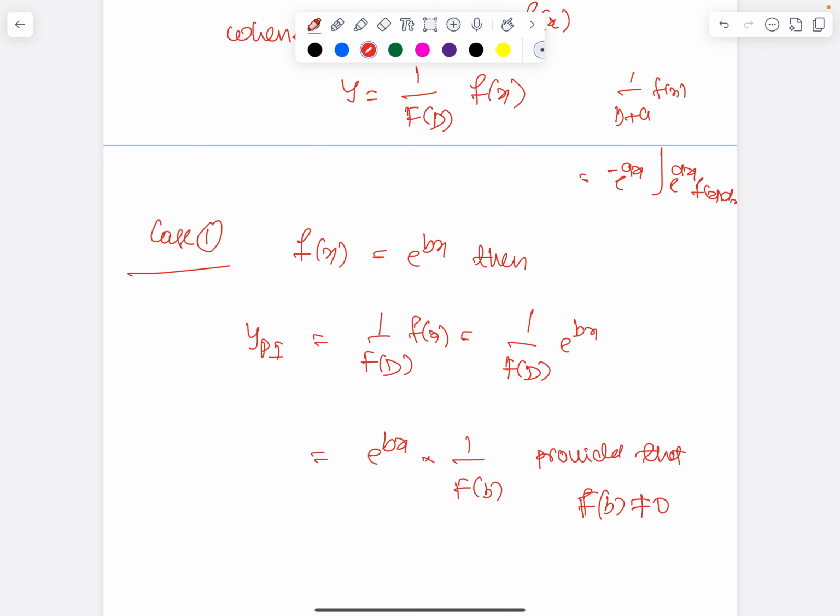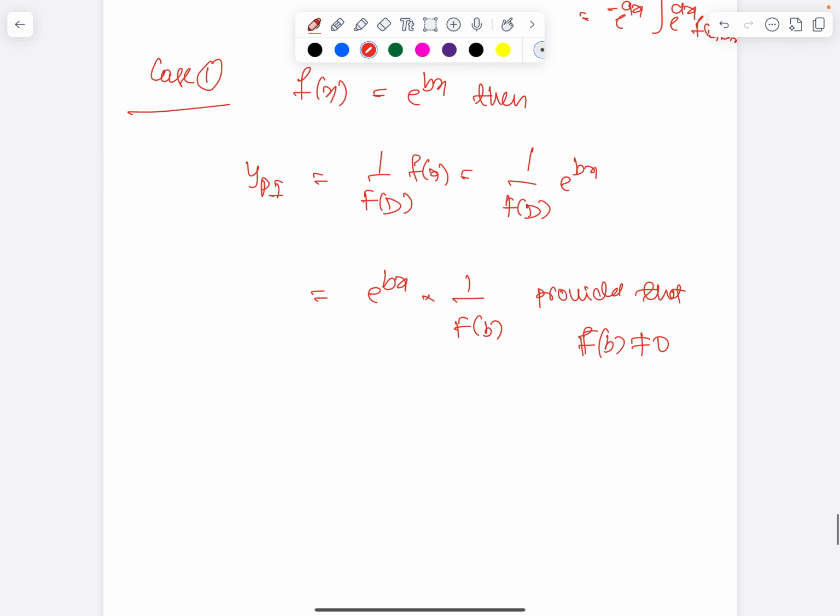So whenever capital F of b is non-zero, for example, solve the differential equation.